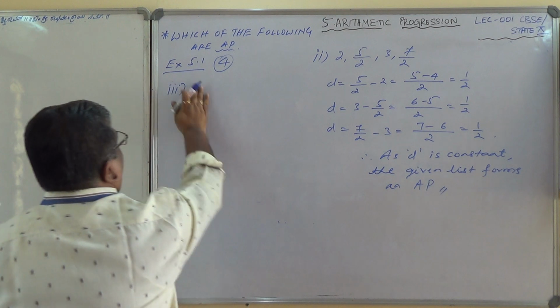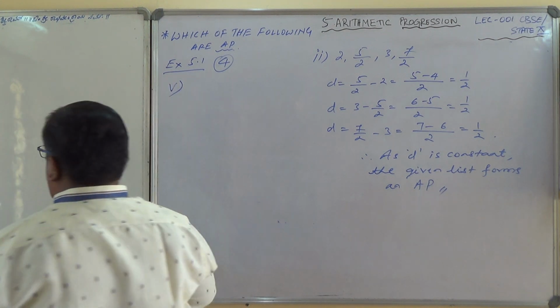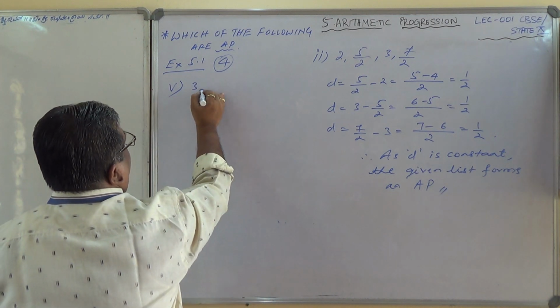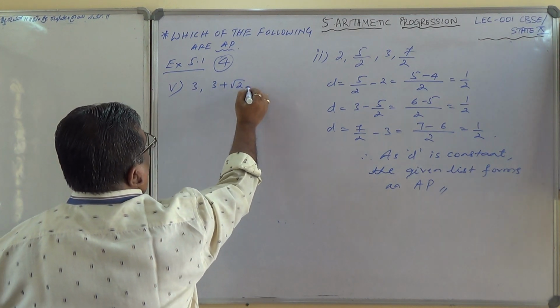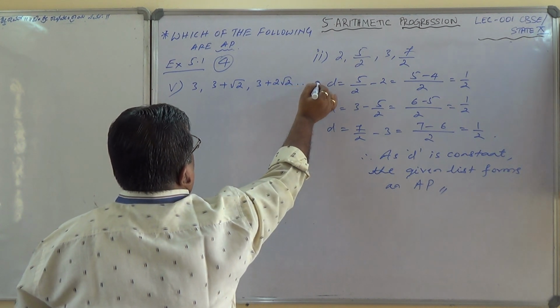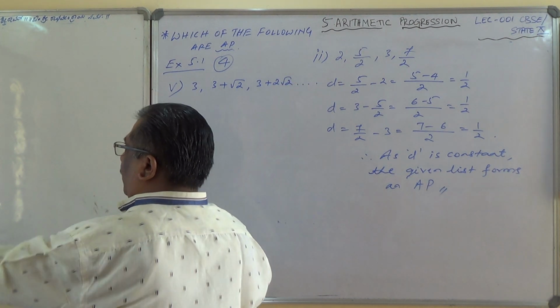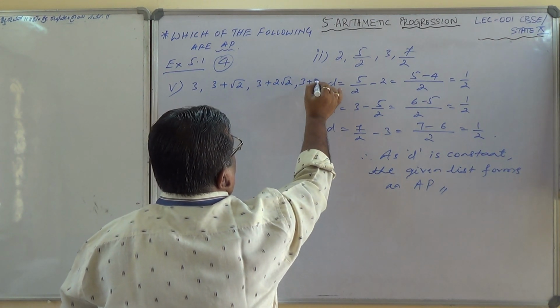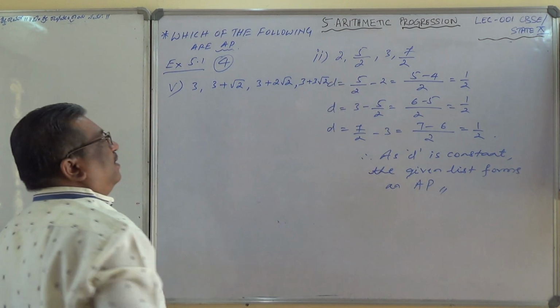Fifth one I'll take. 3 plus root 2, 3 plus 2 root 2, dot dot dot. This is what is given. One more, 3 plus 3 root 2 is also given. This is what is given to you.